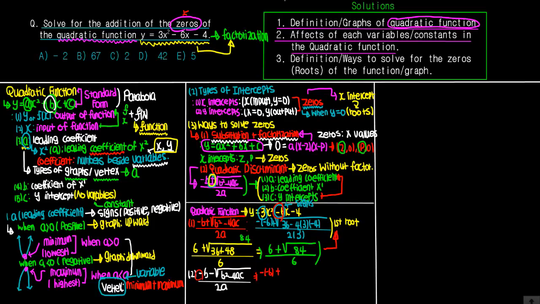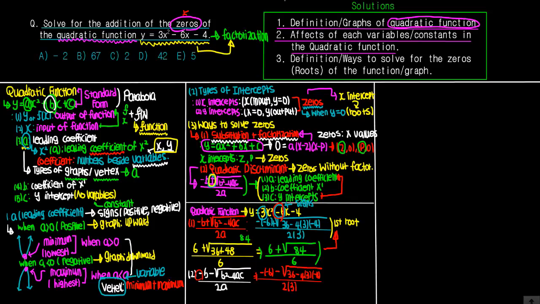And then plus is not plus in this case, it is minus. The square root part inside is exactly the same: 36 minus 4 times 3 times negative 4. For the denominator, we have 2 times a. What is a? 3.